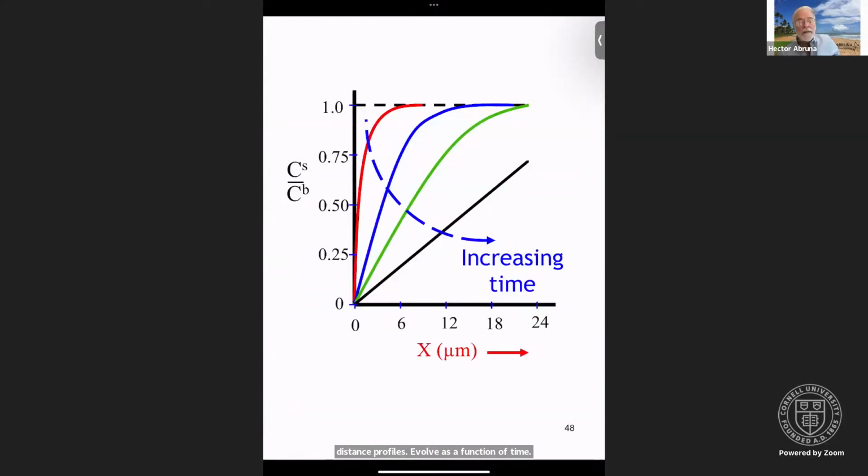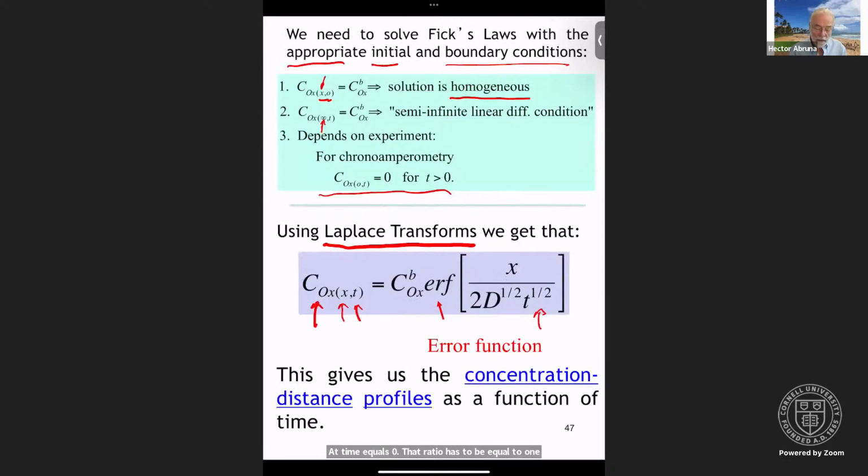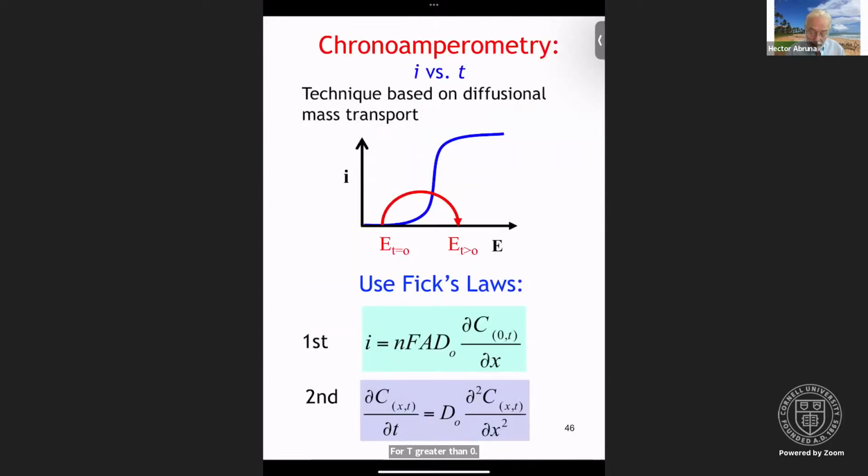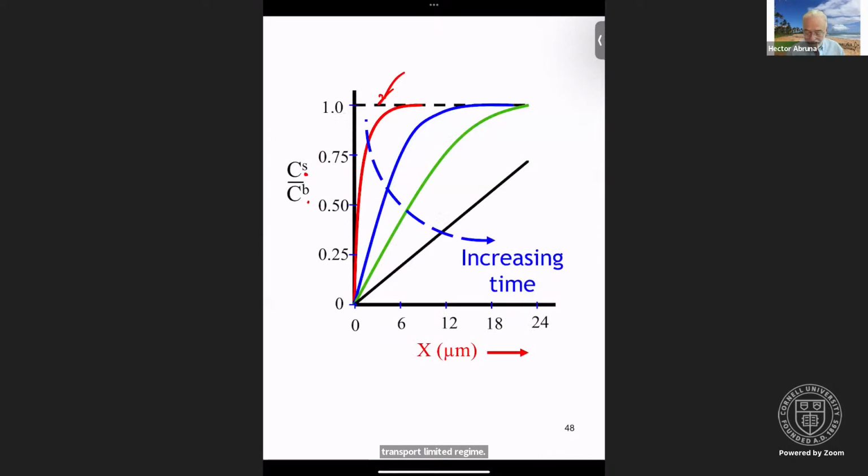And you get something like this. So here we're plotting surface versus bulk concentration. It goes from 0 to 1. At time equals 0, that ratio has to be equal to 1 because we're assuming a homogeneous solution, right? For t greater than 0, remember what we're doing is stepping into the transport limited regime. So the concentration at the surface drops to 0 basically instantaneously.